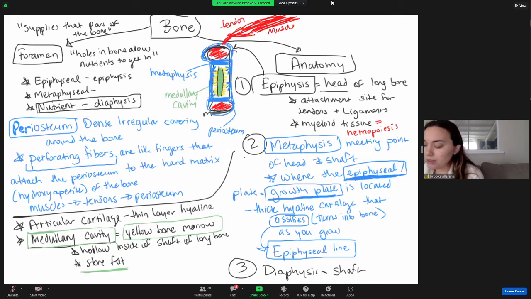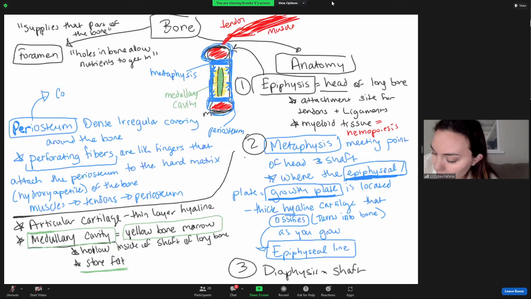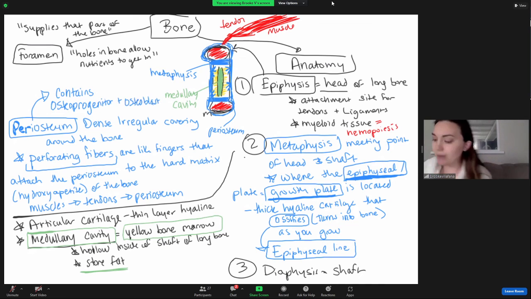The periosteum contains osteoblasts and osteoprogenitor cells. So we're going to talk about what those are in just 1 second here. And that we'll see what our ending point is here, but we'll get through as much as we can. So the periosteum, again, for the test, you need to know, contains osteoprogenitor and osteoblast. Okay, so those are the two types of cells you need to know are found in the periosteum.